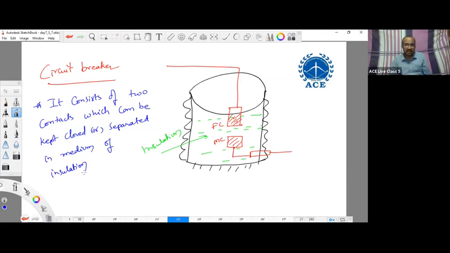Now the question is, what is the purpose of this insulation? Why is the insulation required in case of circuit breaker?